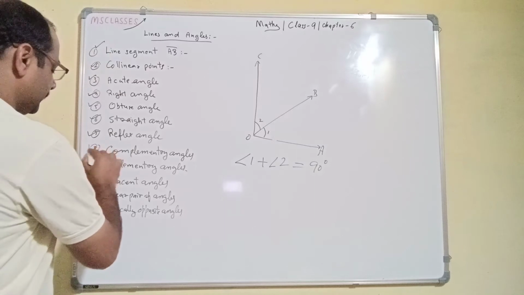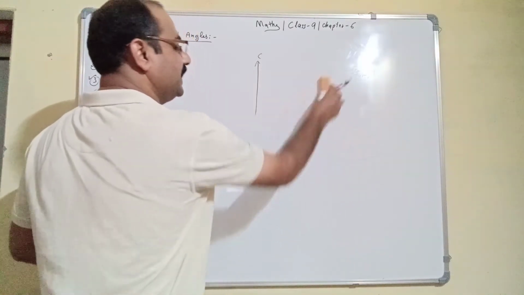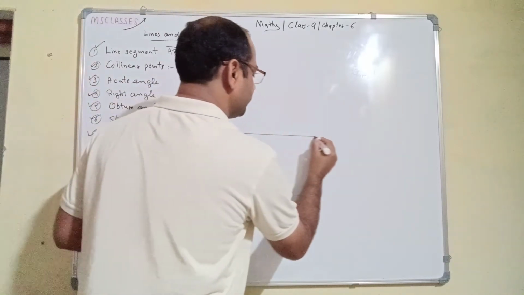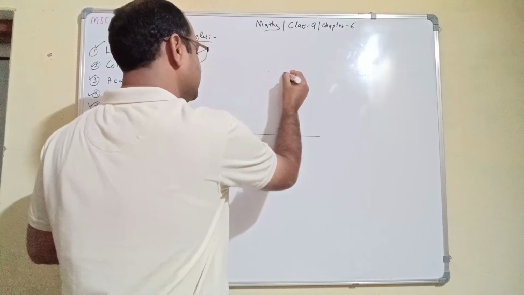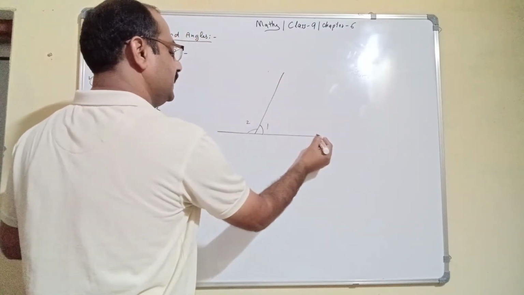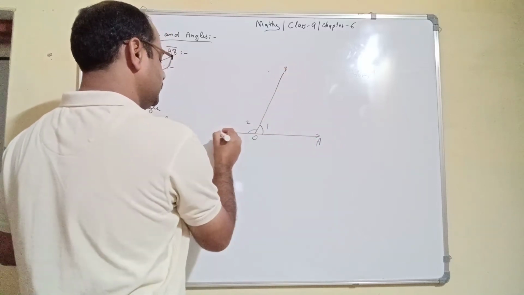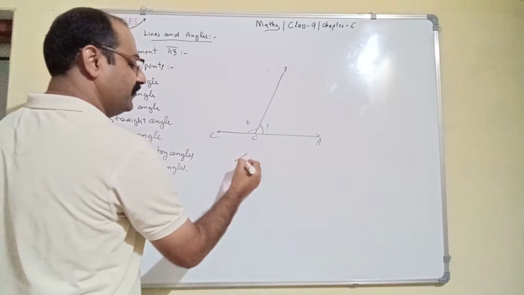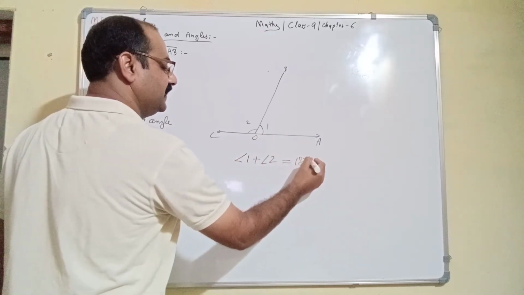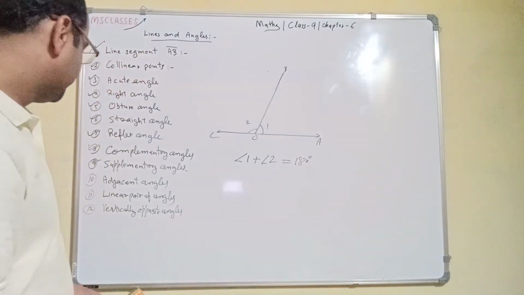After that, supplementary angle. When the sum of two angles is equal to 180 degrees. Let O, A, B and C. Here we have angle 1 plus angle 2 equal to 180 degrees. Then these angles are supplementary angles.